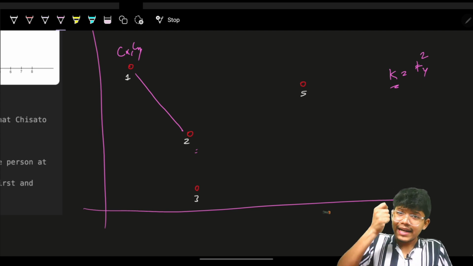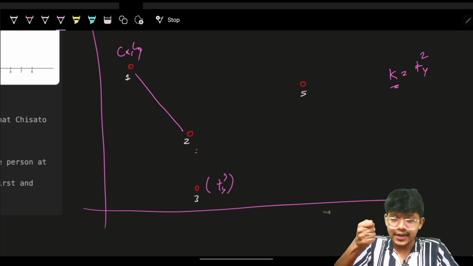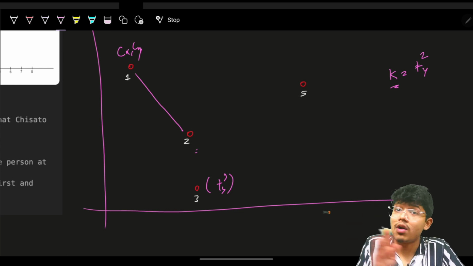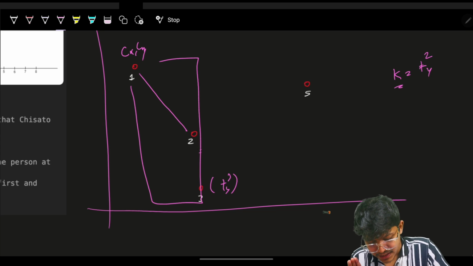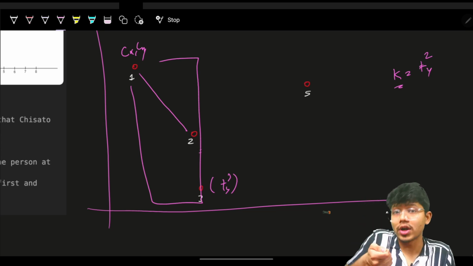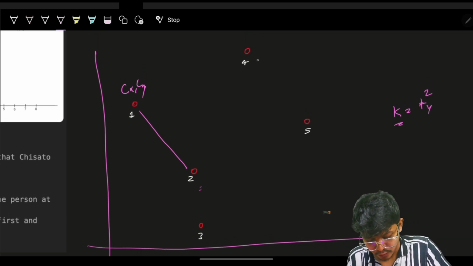Now you can see my ty3 is less than my ty2. So for sure he is not a valid candidate for my t, because as soon as you start encountering him, he will have your 2 on the border. So okay, it's not a valid candidate. Simply go on to the next coordinate, which is 4.